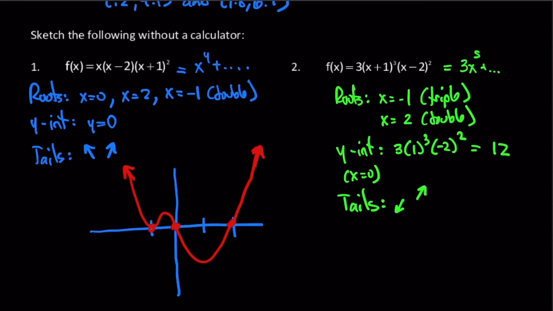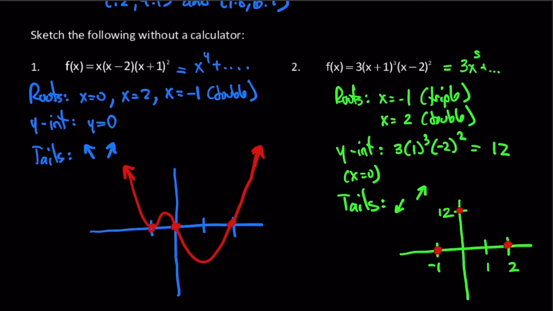Now let's sketch it. I have negative 1. I have positive 2. My y-intercept is 12. So I'm just going to put a mark here and label that 12. So I know it's got to go through negative 1, 12, and 2.